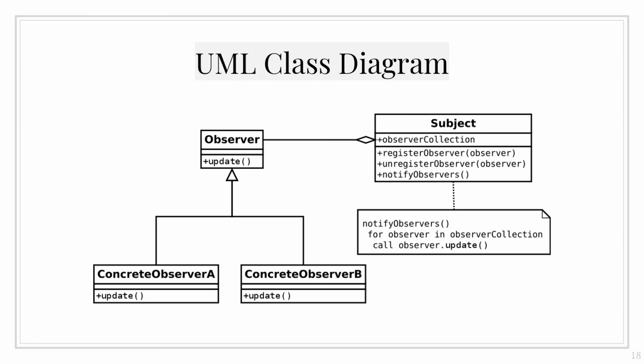Speaking of the subject, we can see that the subject has a collection of observers, and that there are methods to add and remove observers from this collection. And finally, we can see that the subject also has the method notify observers and some pseudocode that tells us what notify observers does. It calls each observer's respective update function in the collection.